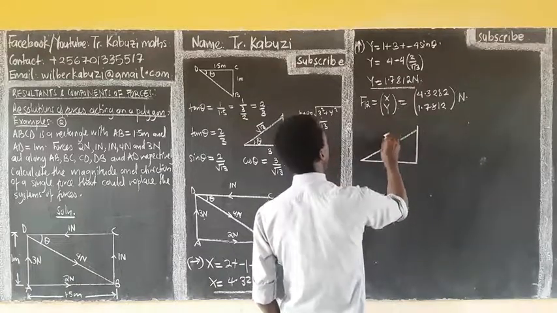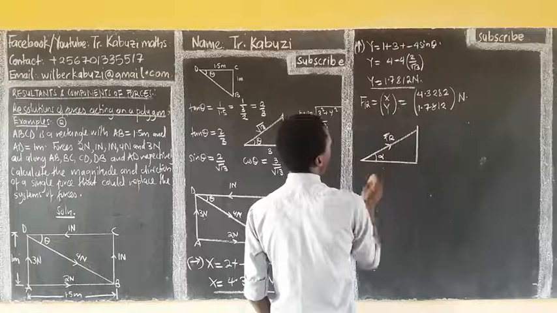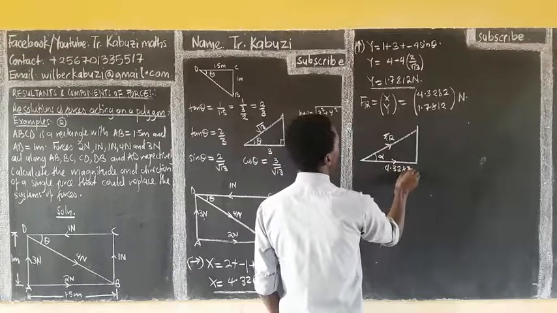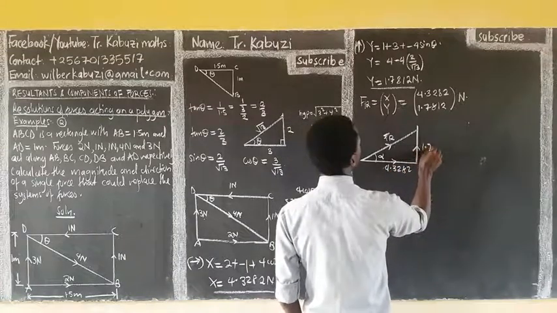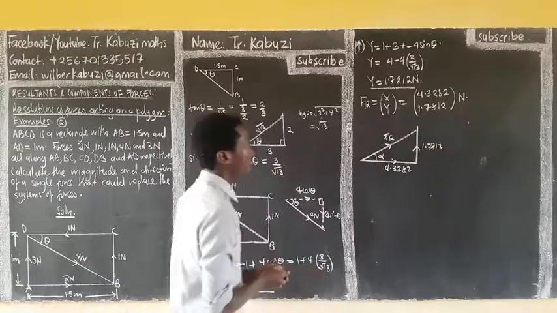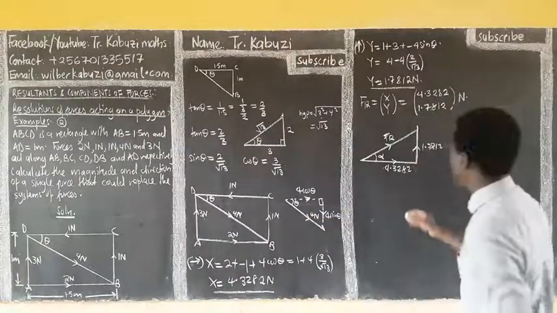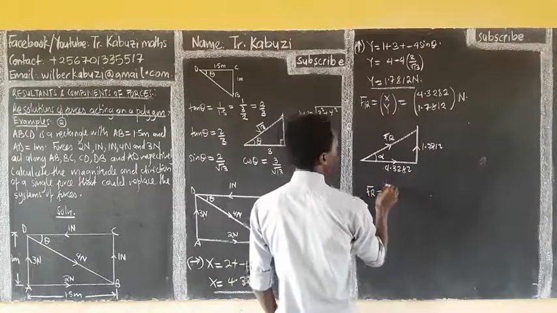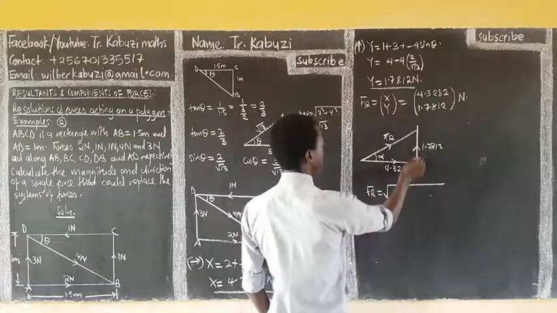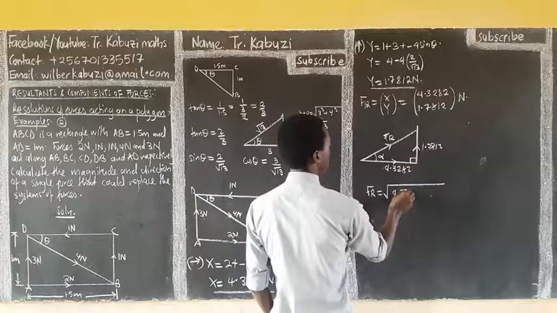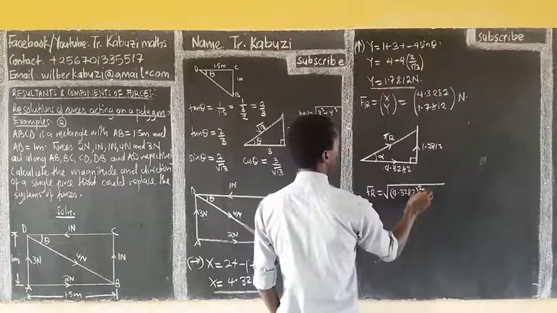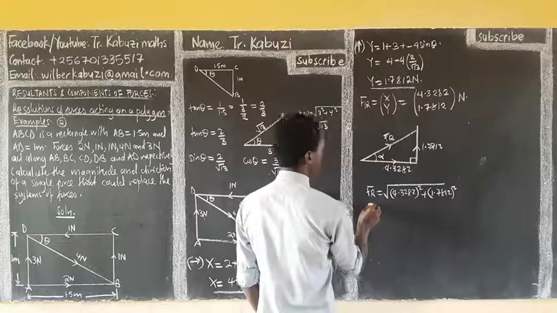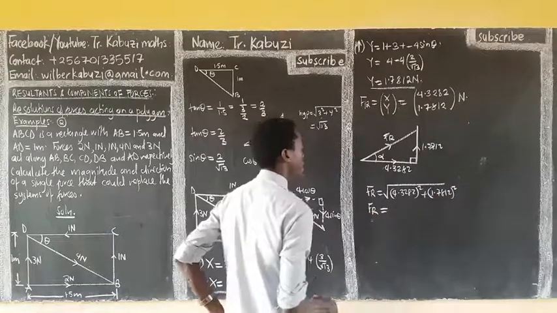So this is my FR, this is the angle alpha, the direction. This first is 4.3282 and this one is 1.7812. So we can get our FR easily by getting the square root of this.